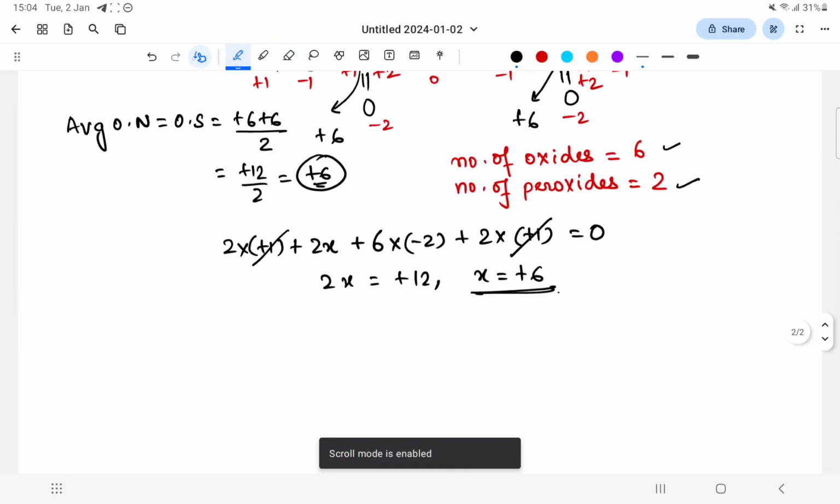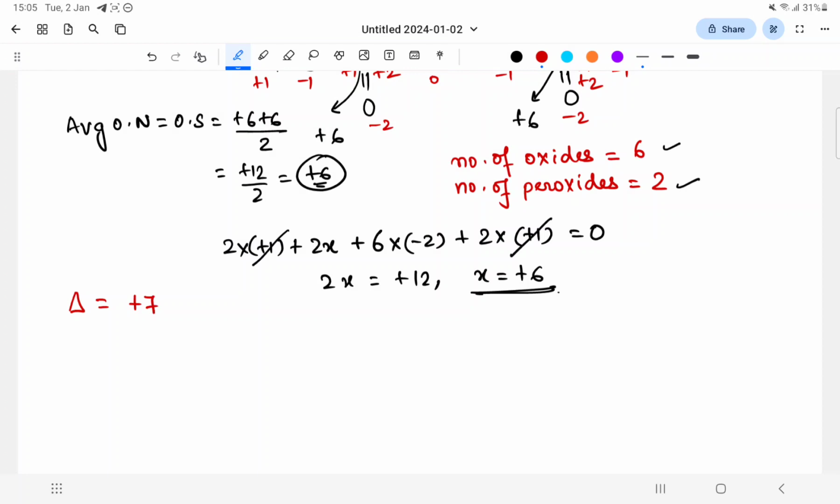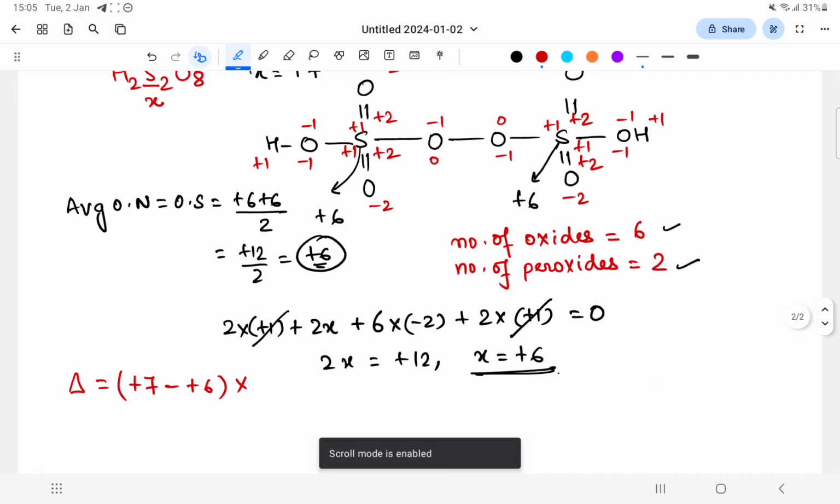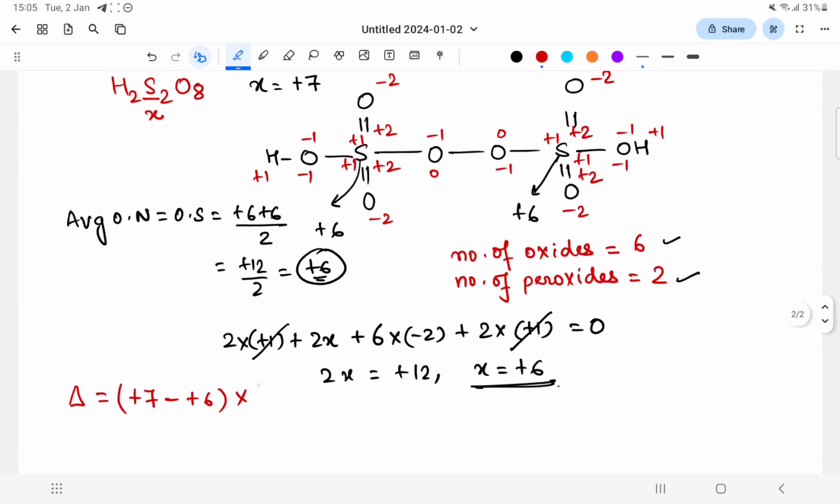If I ask you to calculate delta here, how many of you have already calculated delta, guys? So delta is equal to the calculated value, +7, minus the maximum value, which is +6, into how many sulfur atoms there are. Let me show you the formula here again. So sulfur atoms here are 2. So if I do the maths here, it is 1 into 2, that is 2. Delta value is 2, right?